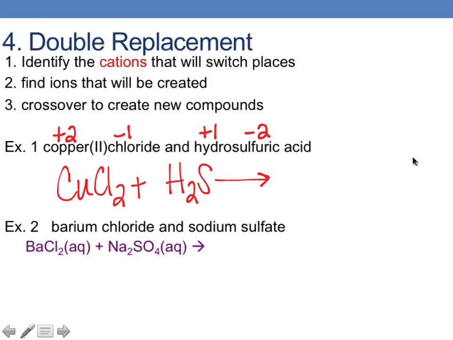So in here we have copper hooks up with sulfur. And that formula makes what? We have a -2 and a +2, so it is just CuS. And then we have hydrogen hooks up with chlorine, and that gives us HCl.